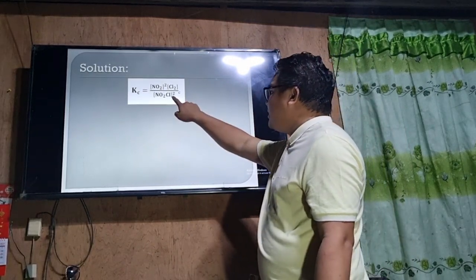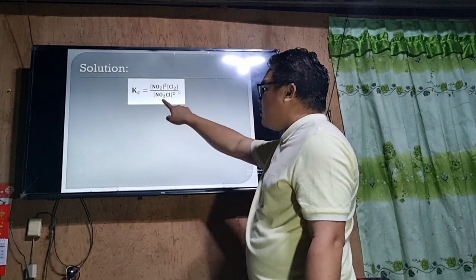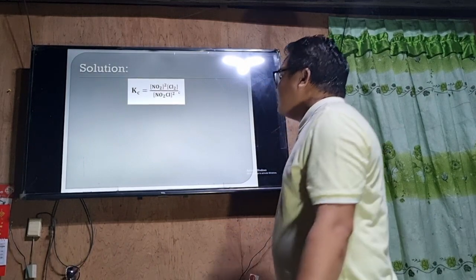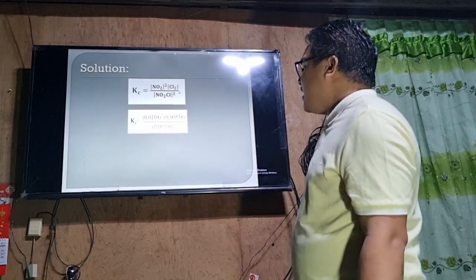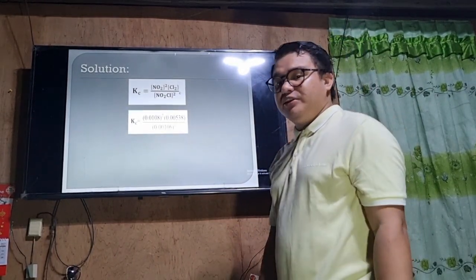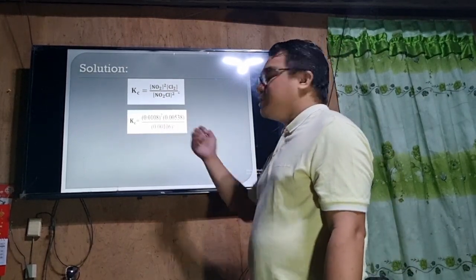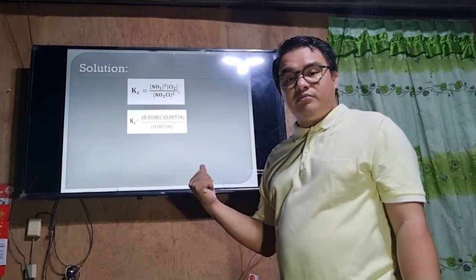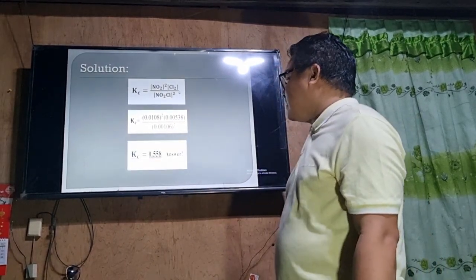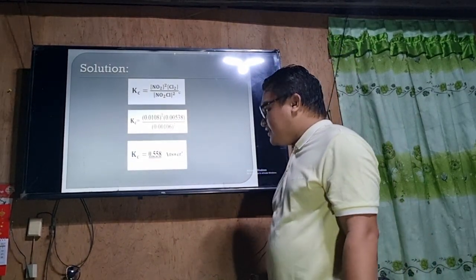And in the same manner here, there are 2 moles of nitrosyl chloride. So let's just substitute the values of the molar concentration of each product and reactant, and that gives us 0.558.